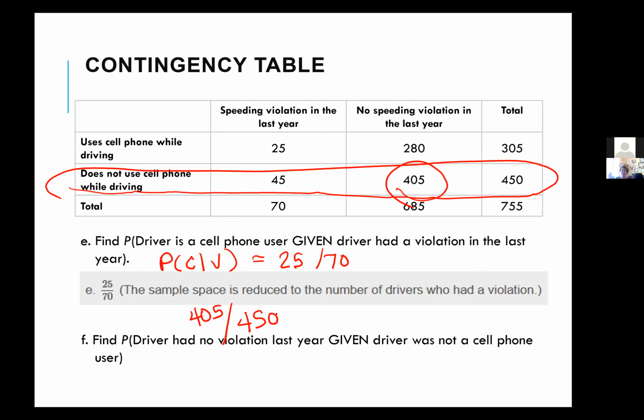So the probability that a person had no violation given that they were not a cell phone user: the row, not a cell phone user, is that row that I've circled. And the number of people who had no speeding violation, given that they were not using their cell phone, there's 405 out of 450 who are not using a cell phone at all while they're driving. So it's 405 out of 450.